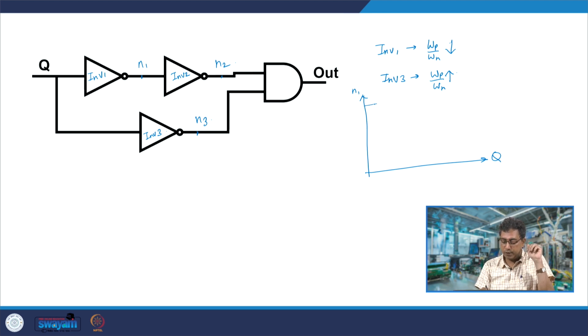So, the voltage transfer characteristic would be, okay, like this. So, your lower noise margin is quite small, okay. And for inverter 3, the output N3, how will it look like?